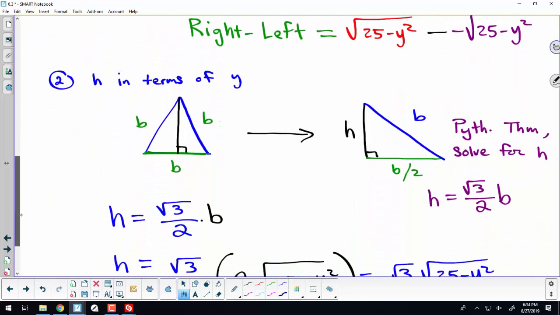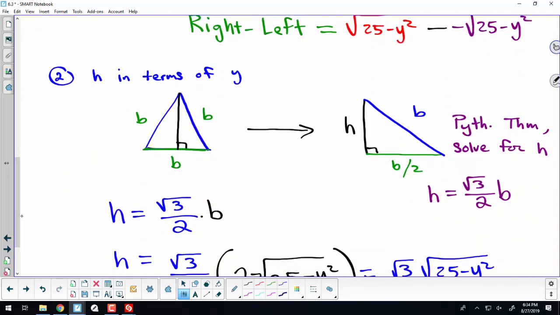Then we said we need h in terms of y. With the equilateral triangle, we said there is a definitive relationship between the base of an equilateral triangle and its height. And so we found that relationship. This right here is for any equilateral triangle, regardless of the base and height.